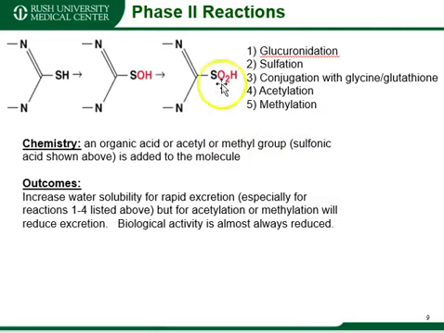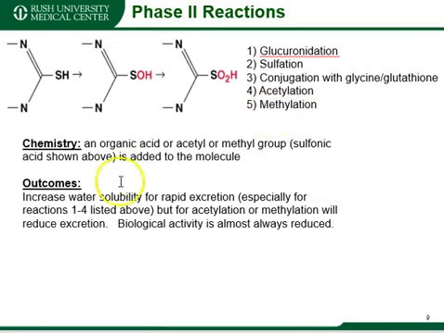There's a sulfonic acid reaction occurring in this molecule. And in terms of outcomes, again, we see an increase in water solubility, which facilitates more rapid excretion, especially for the first four reactions. But the last two, acetylation and methylation, will reduce excretion.